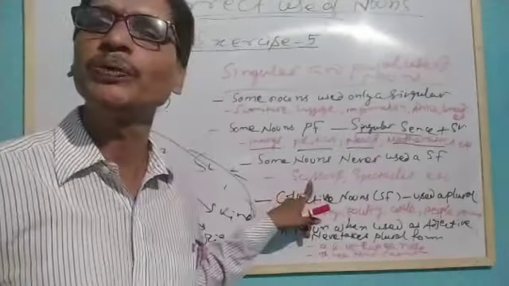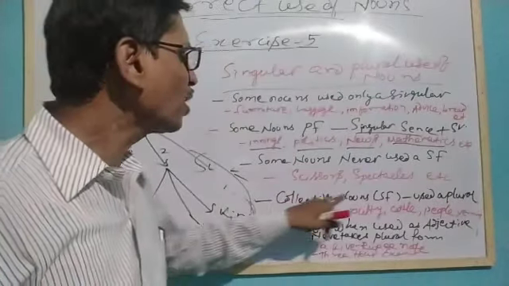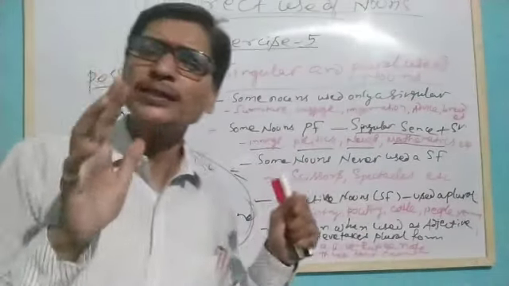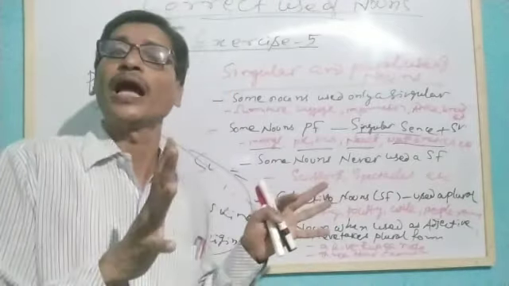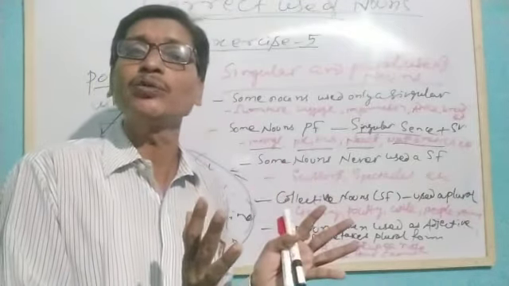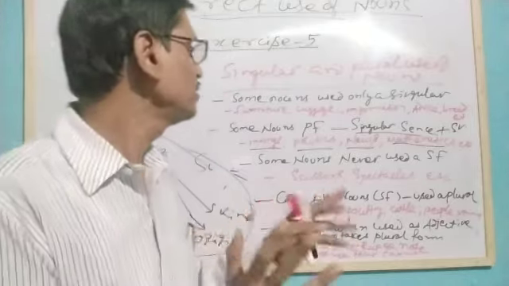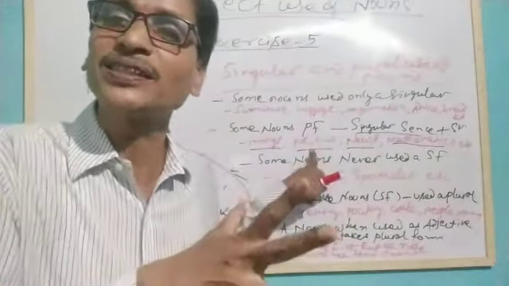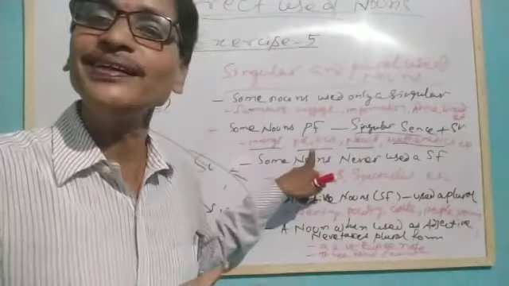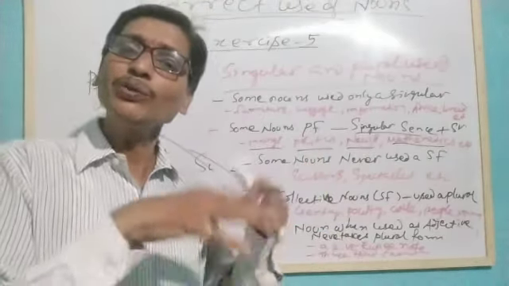They often use plural subjects. Similarly, some collective nouns when we see, we will think that it is singular because its formation is singular. It looks like singular. Here you see politics is looking like a plural noun, but here it is exactly singular.